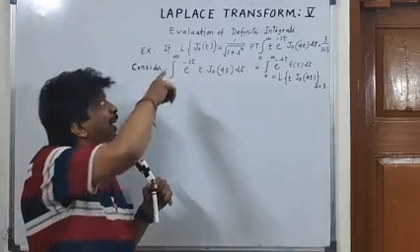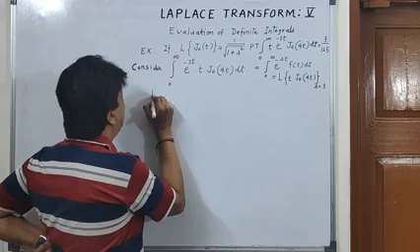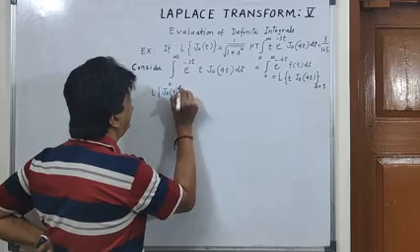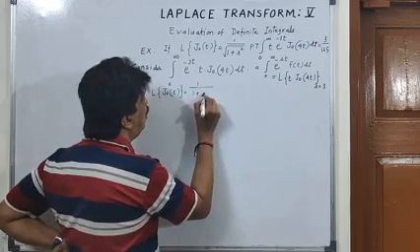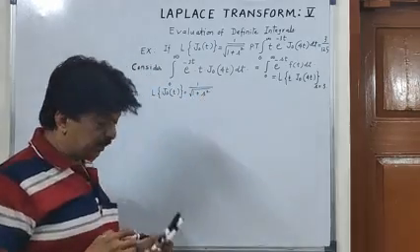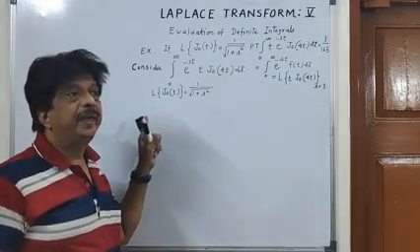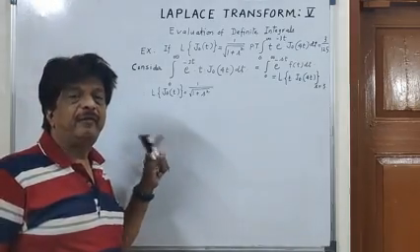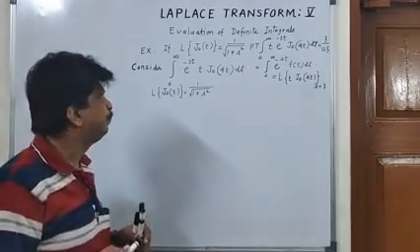We are given that the Laplace transform of J0 of t is 1 upon under root of 1 plus s square. From this, using the scaling property, we would be finding out the Laplace transform of J0 of 4t.